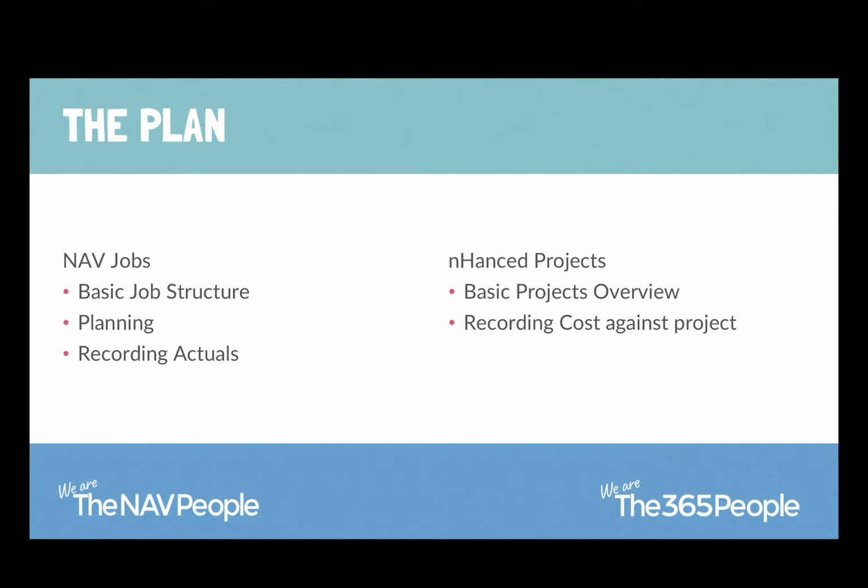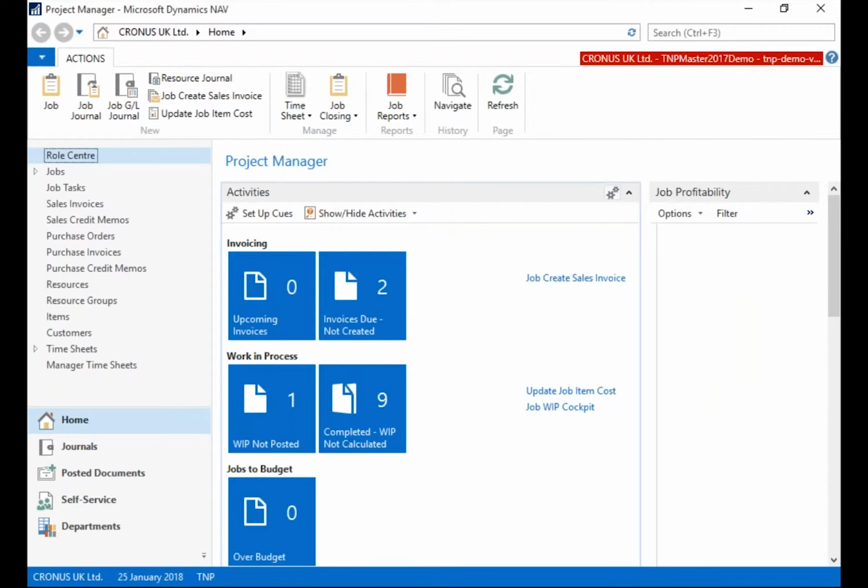If we now look at the NAV system, you'll see I have logged into NAV using the project manager configuration package, user personalization. This means on the login screen, I have all project related functionalities and features.